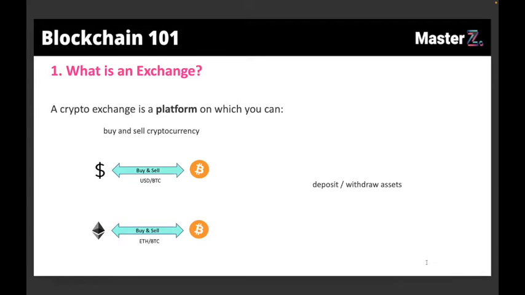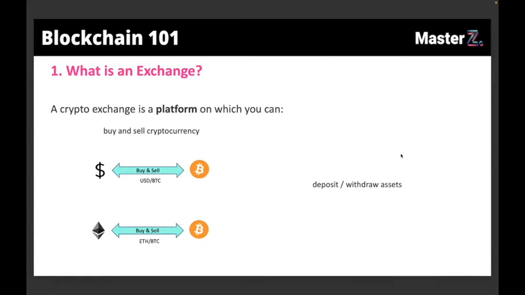We call these different pairs. And of course, we can trade between fiat assets, but also between two crypto assets. So in this case, we have, for example, a USD BTC pair, which means dollars and Bitcoin. Or we could also have an Ethereum BTC pair. So we can buy and sell between those pairs.